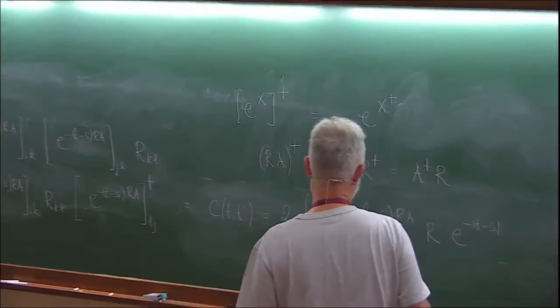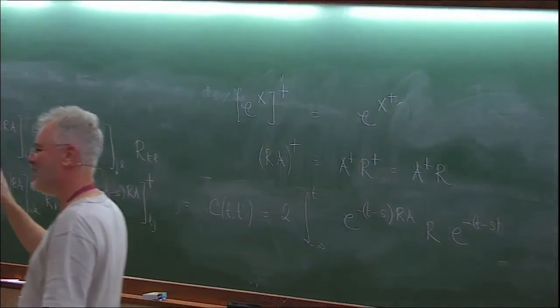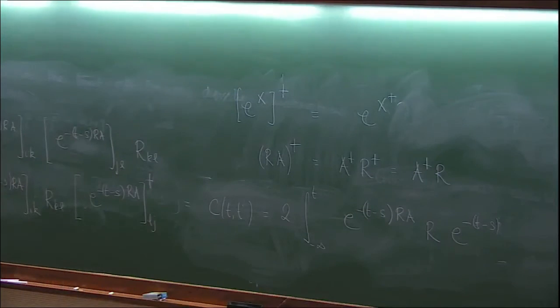Now, if A was coming from this model that I had here, because this is Hamiltonian, you're going to have a symmetric matrix. So A is obviously, for an equilibrium system, going to be symmetric.